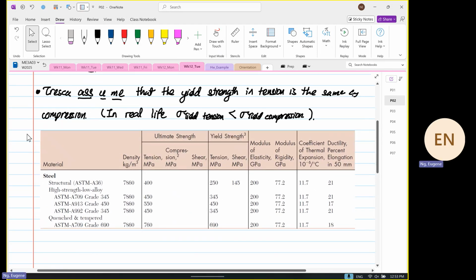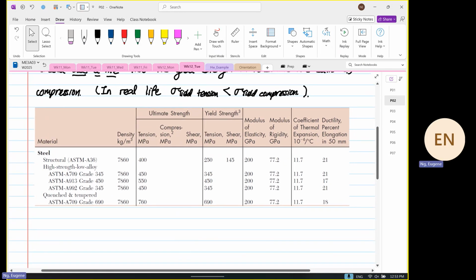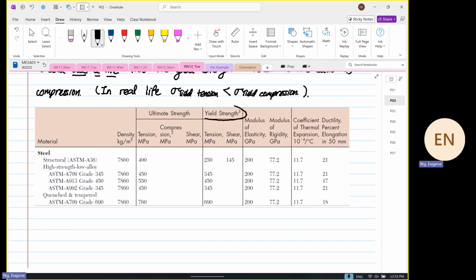And what you see, and it's very common, okay? What you see is if we look at the yield strength, now we don't look at ultimate strength. Any idea why? It's because of what? In ductile material, right? You don't want your structure to go into plastic deformation, yes or no? That's why we focus on the yield strength.